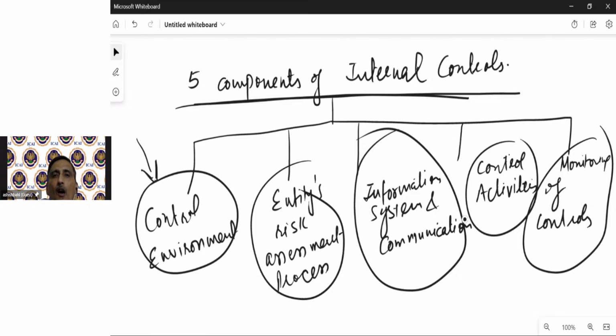So all these things go to make control environment of a company.